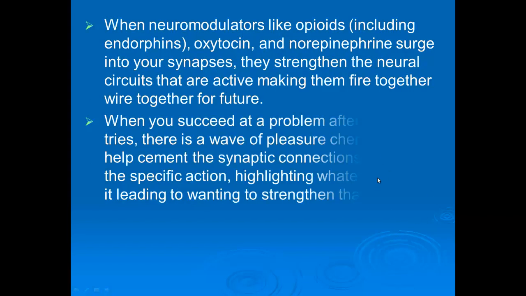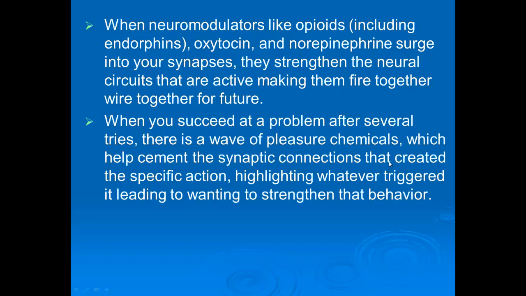So anyway, when you have neuromodulators, including endorphins, released in your body, they strengthen neural circuits. And so, fire together, wire together, you probably heard. So every time you solve a problem, if you feel rewarded, it will solidify that connection.